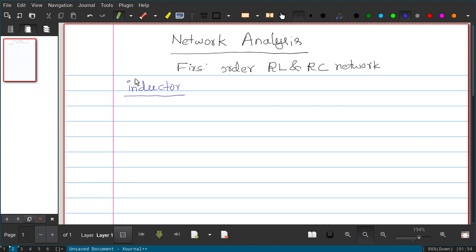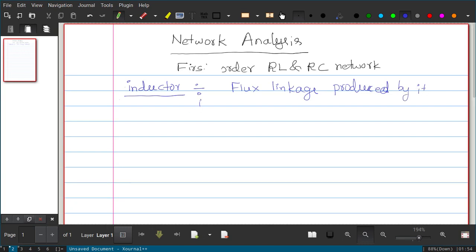Okay. So in an inductor we can define its behavior like this: the flux linkage associated with or produced by it is directly proportional to the current flowing through it.